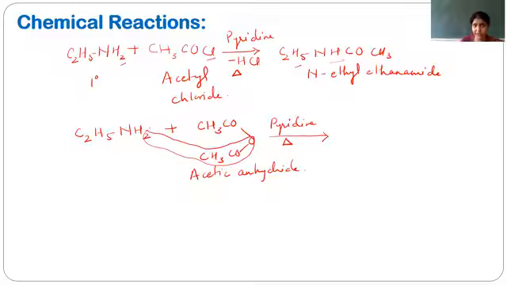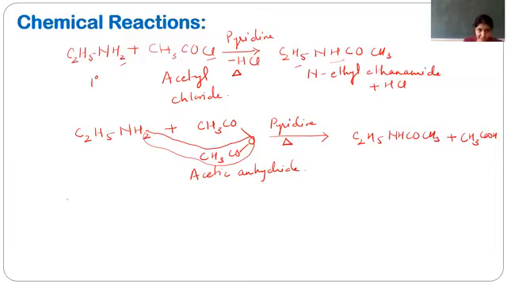Again, acid is formed in the reaction, and the same product is formed, C2H5NHCOCH3, plus acetic acid. The acid formed in the reaction is neutralized by the base pyridine. In this reaction also, the HCl formed is neutralized by the pyridine base. So that was the reaction of primary alkyl amine with acetyl chloride and acetic anhydride.